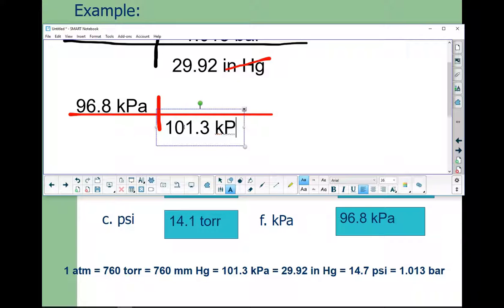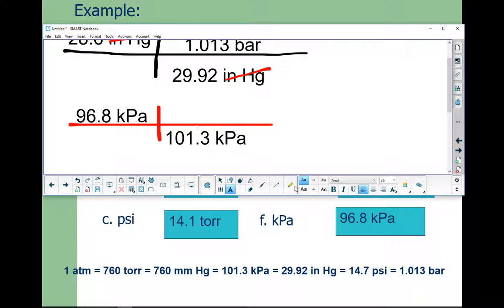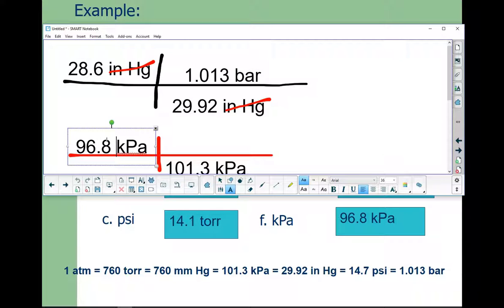3 kPa. And on the top, since I'm trying, whoops, I wasn't trying to, I put this one down. I'm sorry. Let's go back to here. Should be the 28.6 inches mercury. And this kPa, since I want to get to it, needs to go on top.